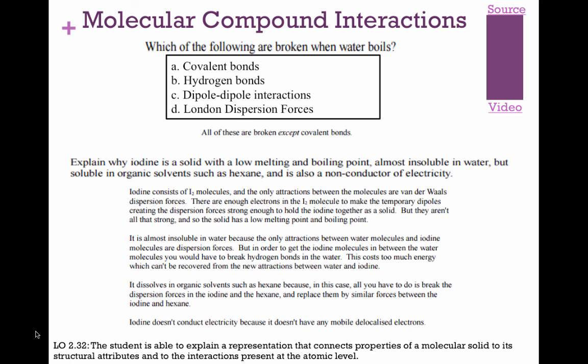And you have to try to break hydrogen bonds in water, and water doesn't want that. It does dissolve, though, in organic solvents like hexane. Hexane is C6H12, all C's and H's. All you have to do to get iodine to dissolve is break dispersion forces in hexane, and that's easy. Dispersion forces are weak. And iodine doesn't conduct electricity because it's a molecular solid. It doesn't have electrons that move around.